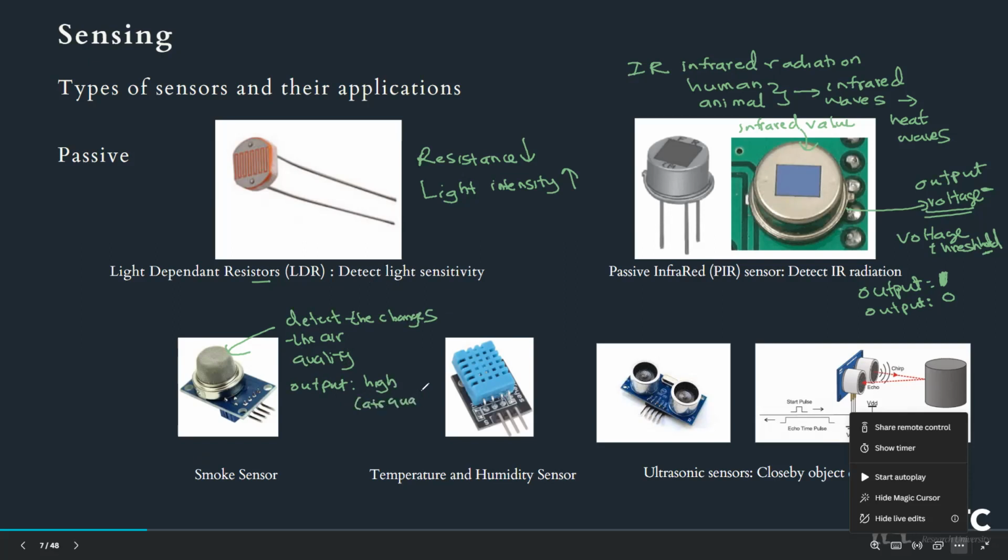The output will be low if the air quality is high. So if the air quality is high, then the output will be low or 0. So based on the output, you can decide whether the air quality is good in the environment or not.